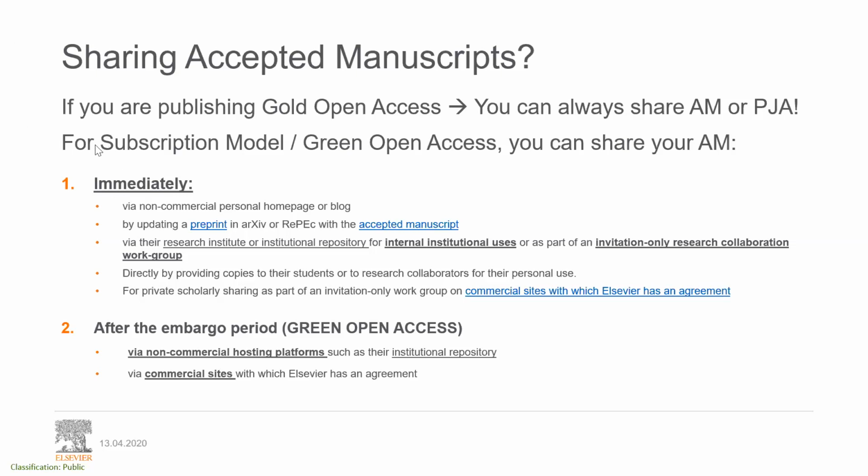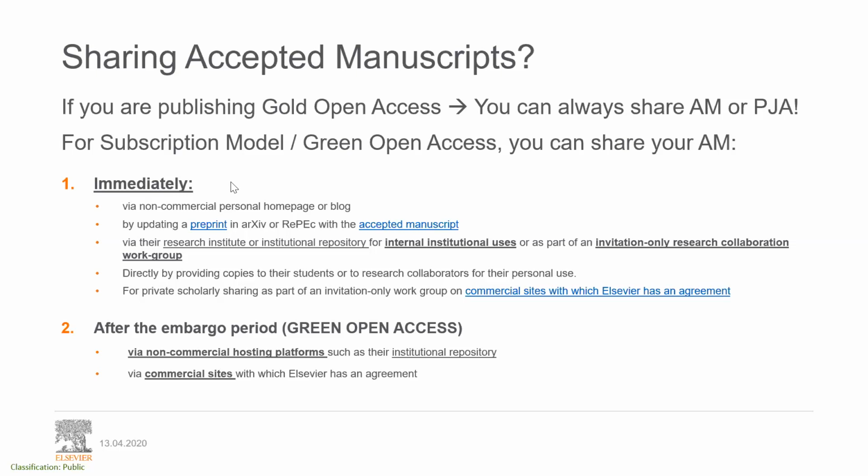If you have published under the subscription model, then you can use a policy known as Green Open Access to share your accepted manuscript. Typically, sharing your accepted manuscript is delayed for what's called an embargo period. But there are some cases where you can share your accepted manuscript immediately.